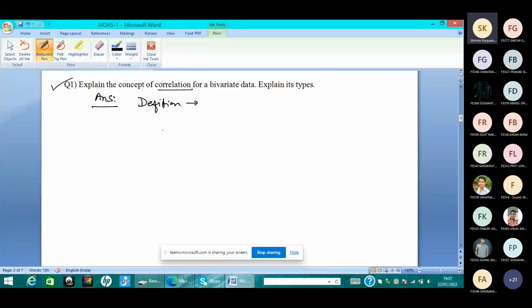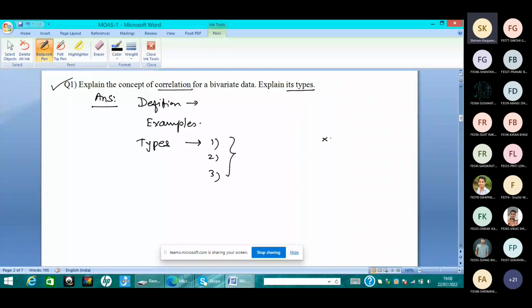Then you should give examples, or when you are writing the types, you should mention the types. So these are the types of correlation: one, two, and three. The rest of the things, multiple and partial and all, are your choice. We'll be interested only in these three: positive, negative, and zero correlation. And for each one you should give two examples.